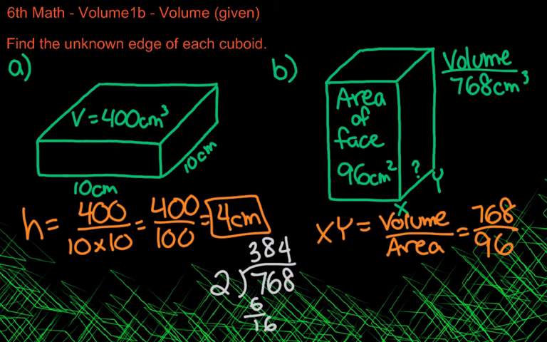All right, so that means xy equals 384 divided by half of 96. Half of 96 is 48. You could have thought of that because half of 100 is 50. Now I think we could divide by 4. Let's try this out. 38 divided by 4 is 9 with 2 left over. 4 times 9 is 36.